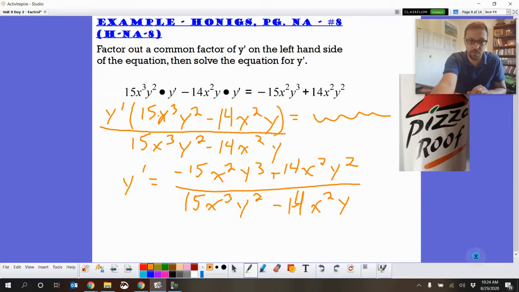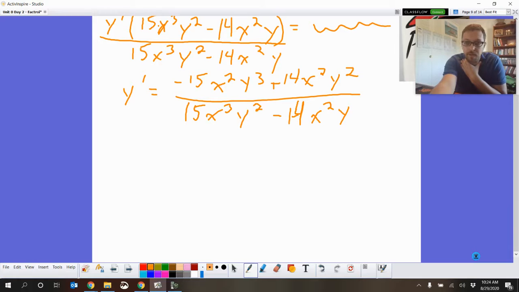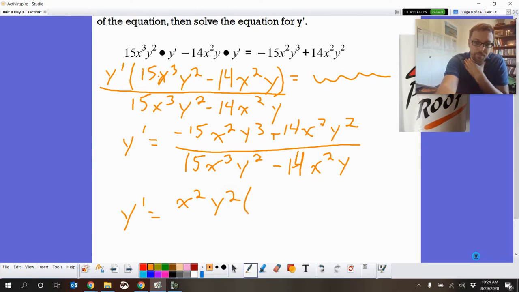So looking at the top one, we do have an x squared and a y squared in common. In terms of the 15 and the 14, there's nothing we can really factor out. So we can factor out an x squared and a y squared. And we're left with negative 15y plus 14.